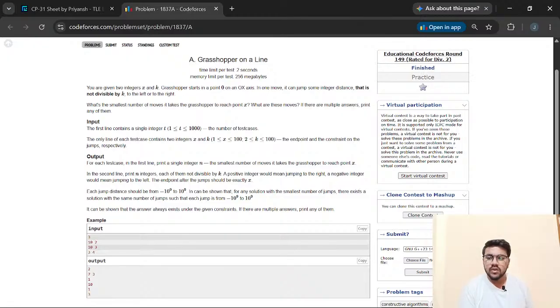It can take 9 and 1, which are not divisible by k. Multiple outputs can be present, right? If there are multiple outputs, print any of them.